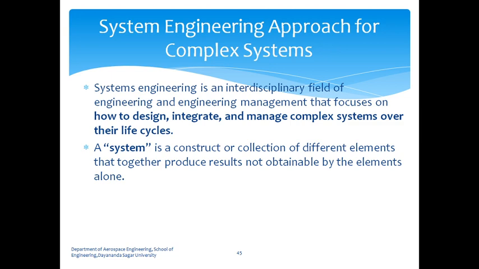Okay, here, what is the meaning of a system? Here we need to understand the system. Thermodynamically we know the system. What is a system? A system is something which you are concentrating on understanding. You are going to understand that. Similarly here, a system is a collection of different elements that together produce results, results which are not obtainable by the individual elements.